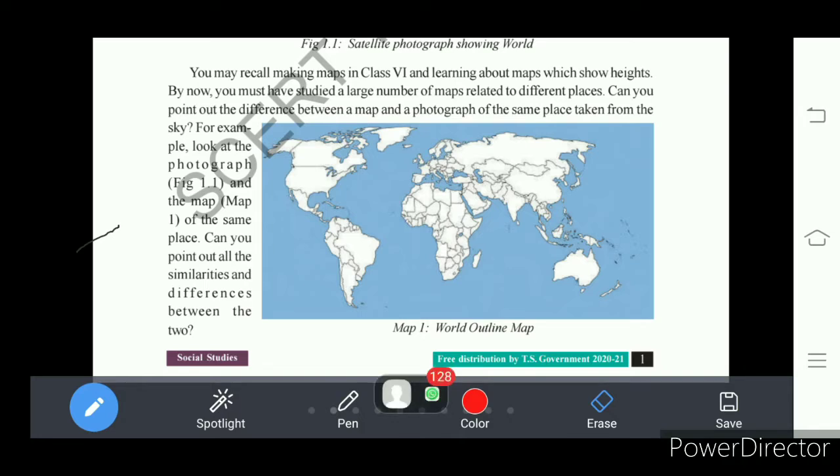The question is, you have studied in 6th class and 7th about maps and their heights.